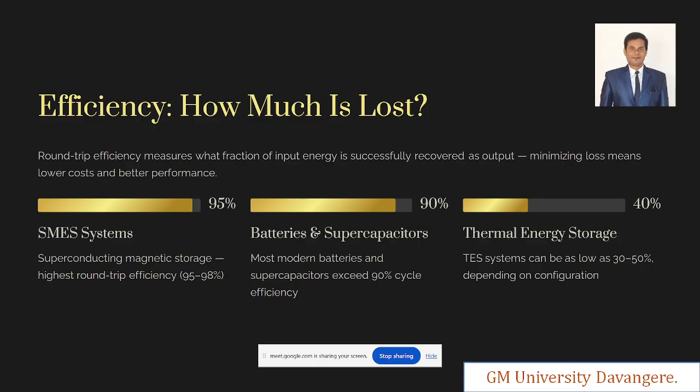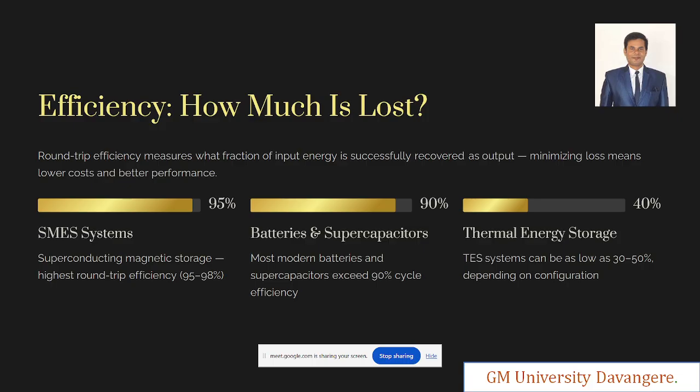Actually, what is the output, how much output power is delivered to the loads, and what is the input, how much input is taken during the time of generation, and how much loss will occur, right. We have to look after this, that is, the efficiency measures what fraction of input energy is successfully recovered as the output, right.